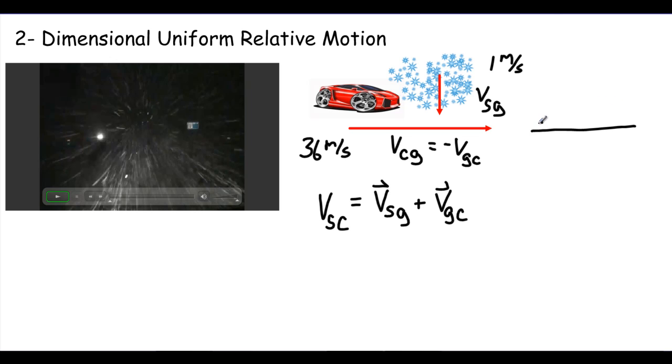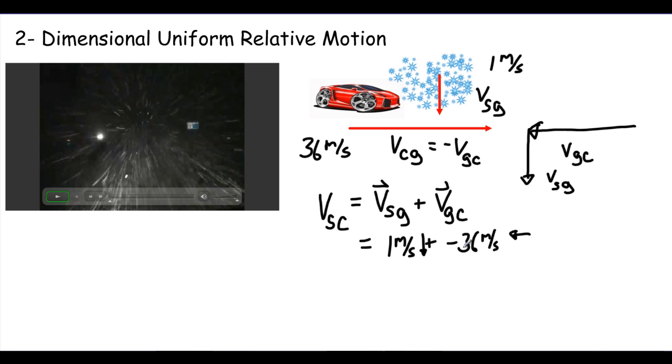Here's the velocity of the ground with respect to the car. And then I'm going to have another one that's going to point straight down. And that's the velocity of the snow with respect to the ground. Okay, so the velocity of the snow with respect to the ground we said was 1 meter per second down, plus the velocity of the ground with respect to the car, which we're going to say is negative 36 meters per second that way.